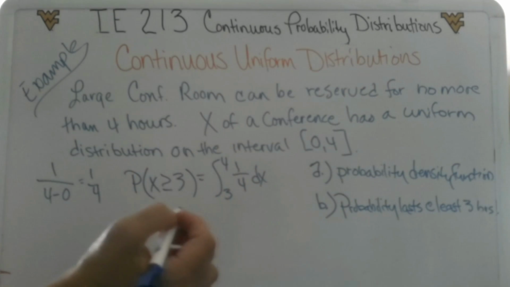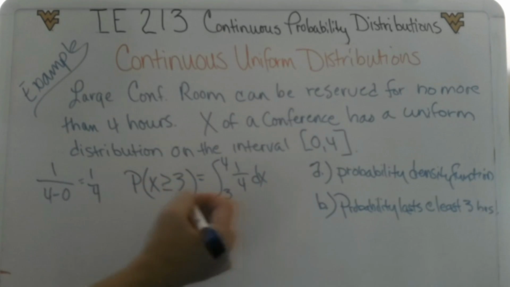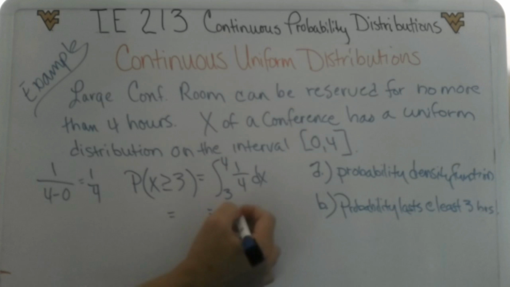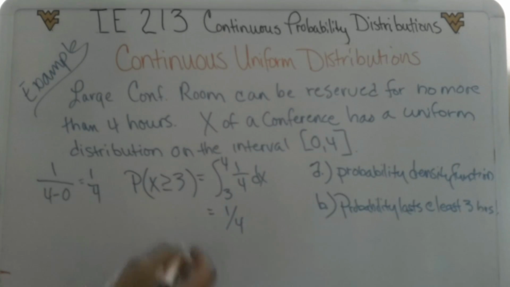And so when we do this integration, we end up with the probability equals 1/4. So the probability that X is greater than or equal to 3 is equal to 1/4, or 25% probability.